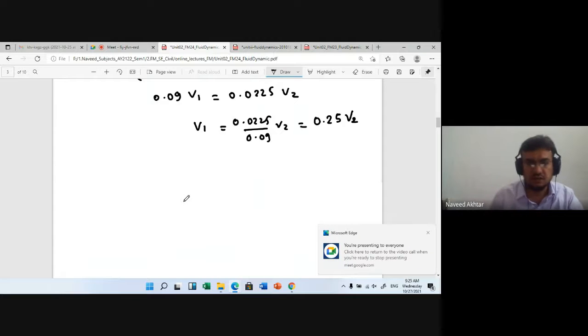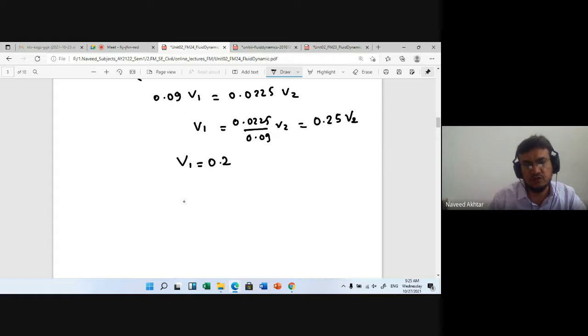So in terms of V1, the velocity V1 is 0.25 times V2, or you can write it as 1 by 4 of V2.